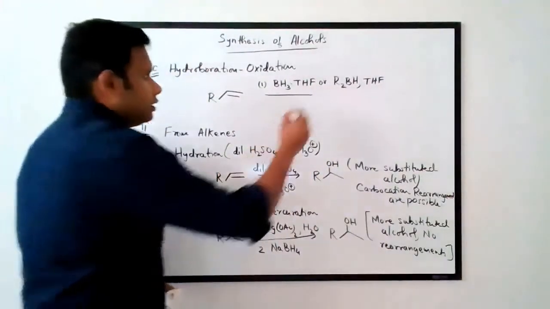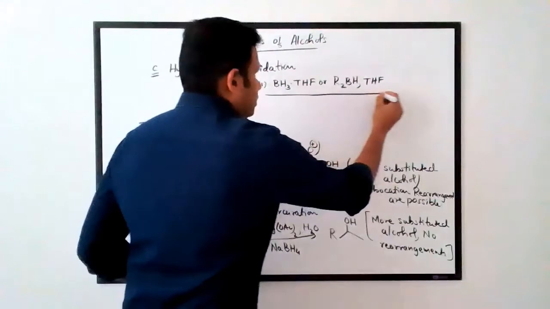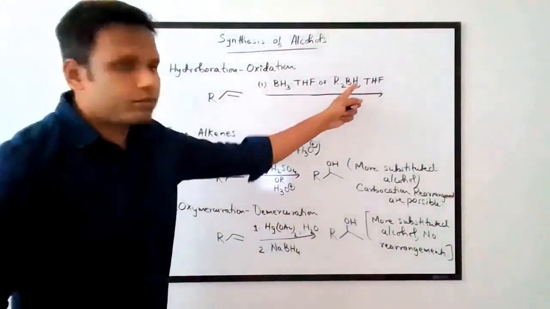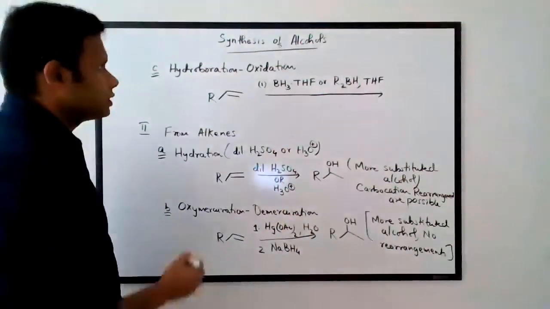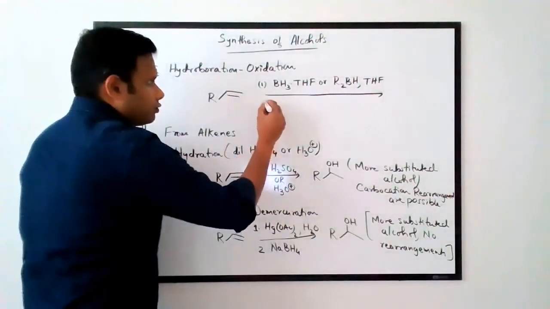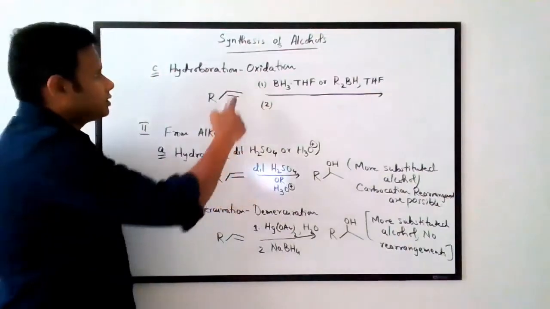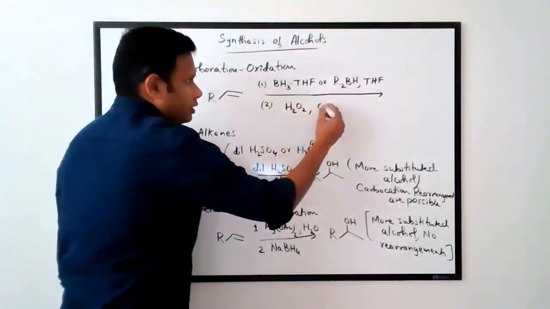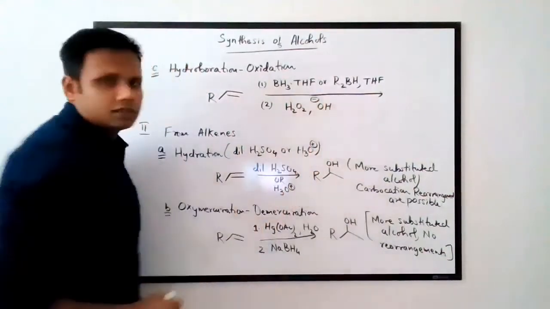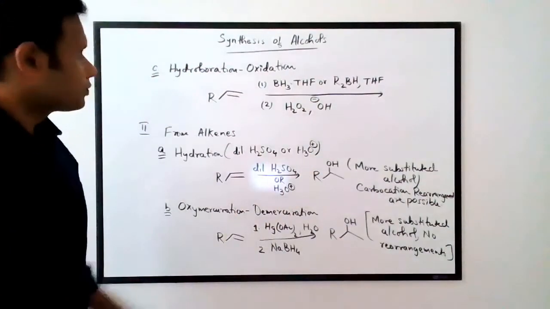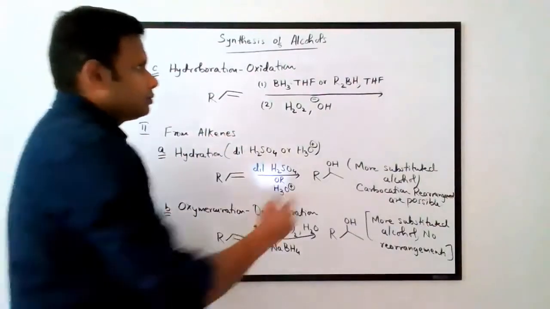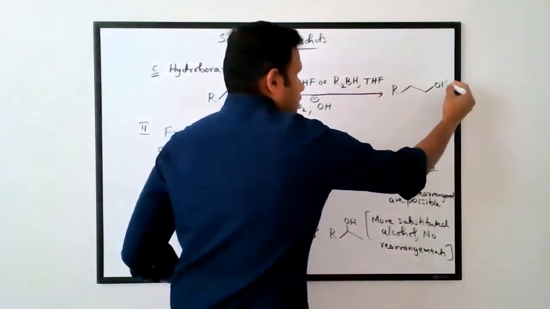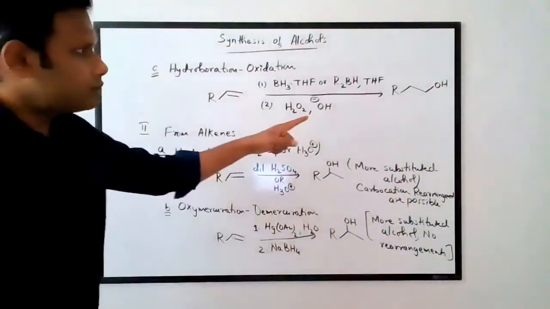So either way, any borane reagent can be used here, as long as you have a boron-hydrogen bond. And you follow this with an oxidation, which uses hydrogen peroxide under basic conditions, so there's sodium hydroxide. When we do this reaction, it would give us a less substituted alcohol.